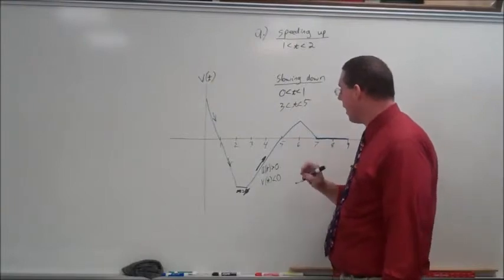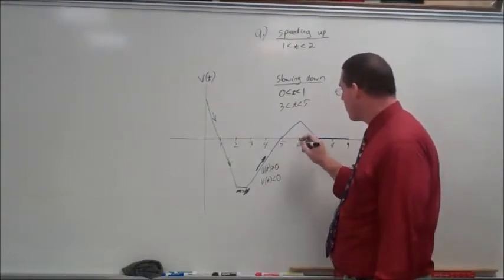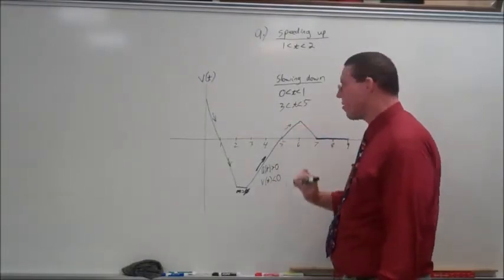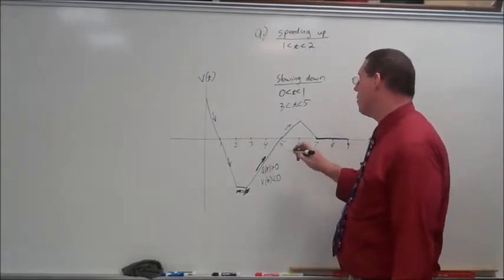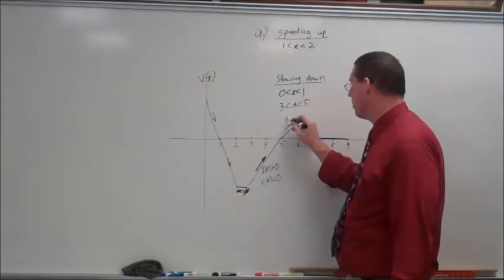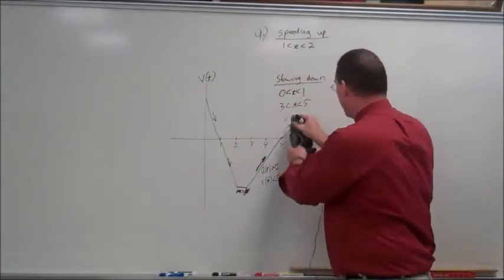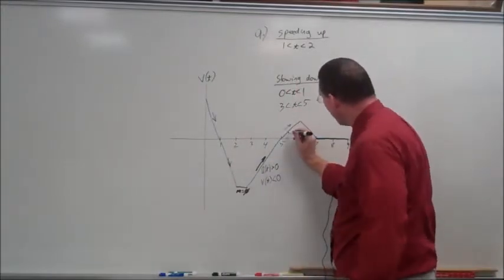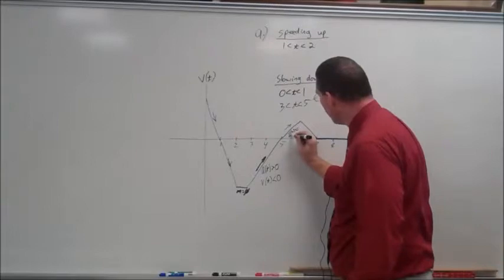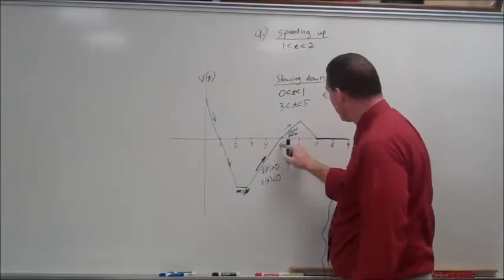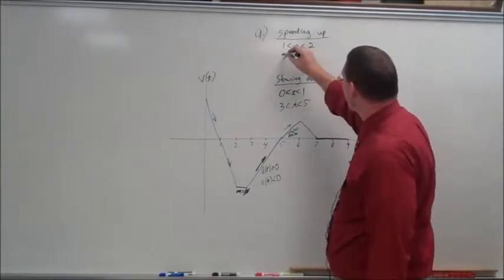When we get to 5, going from 5 to 6, acceleration is still positive because velocity has a positive slope. But now velocity is above the t-axis. So right here, velocity is greater than 0, and acceleration is greater than 0. So from 5 to 6, it's speeding up.